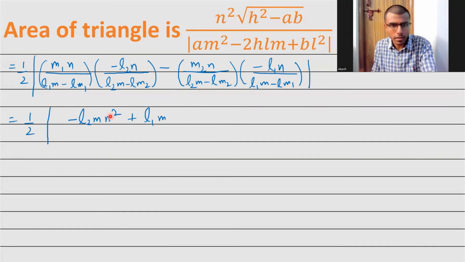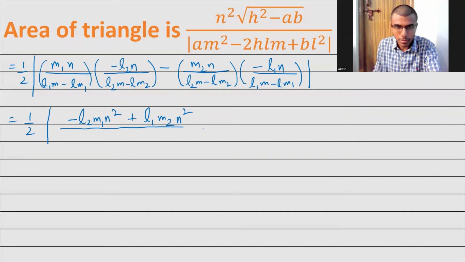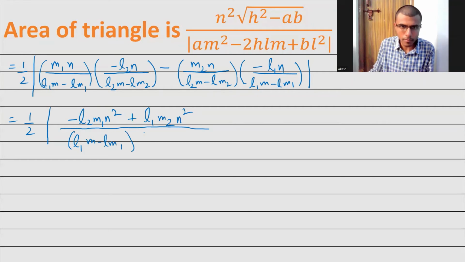I know the possibility of committing mistakes is there, so we need to be focused. Divided by the denominator, which is the same as I mentioned, L1m minus LM1 into L2m minus LM2.